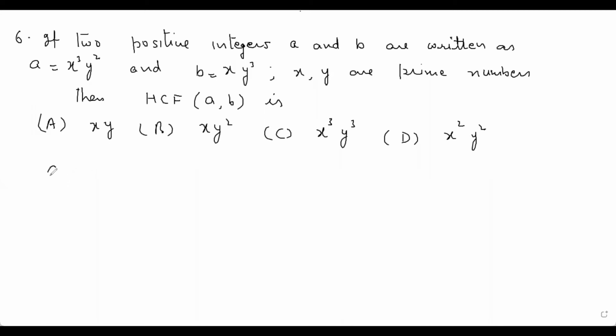Now a is given as x cube y square and b is given as x y cube, where x and y are prime numbers. Now I am to find HCF of a and b. What is the definition of HCF? HCF of numbers is the product of the smallest power of each common prime factor in the numbers.